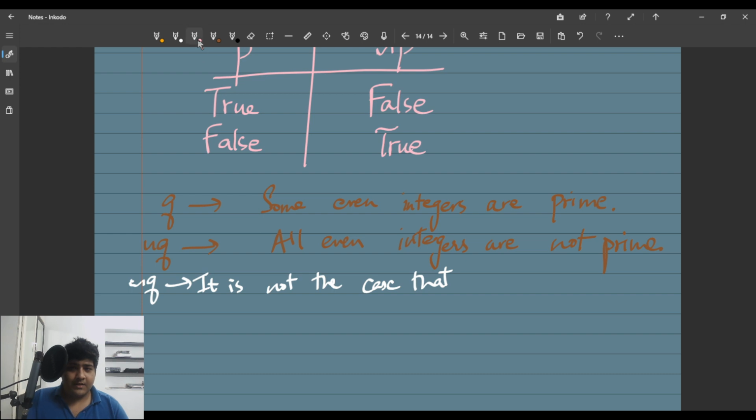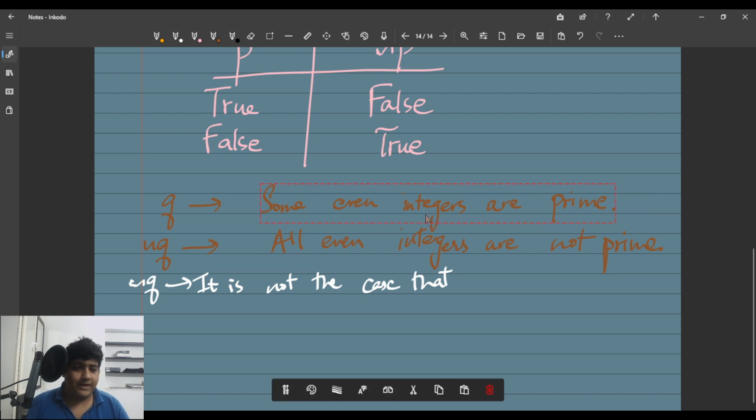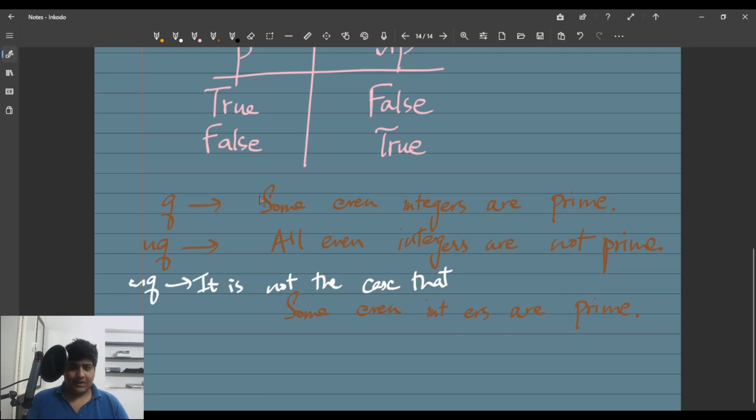It is not the case that some even integers are prime. And then we would simplify this to, it is not the case that some even integers are prime means all even integers are not prime.